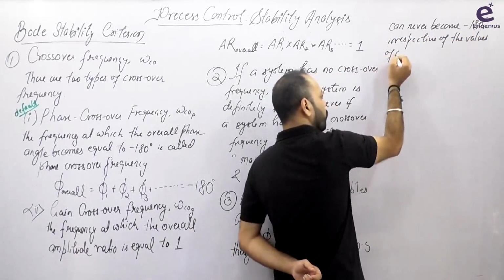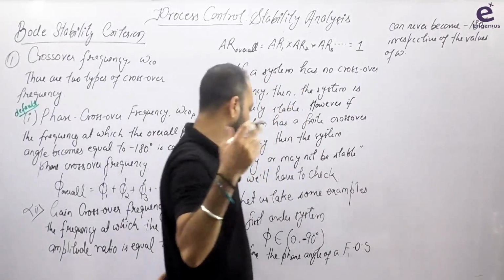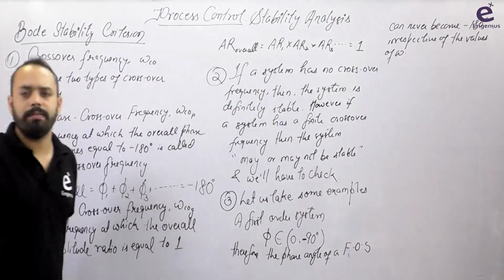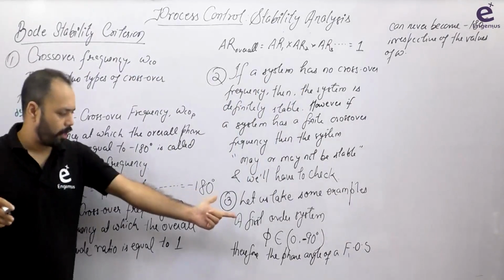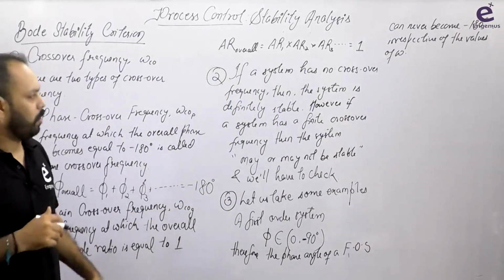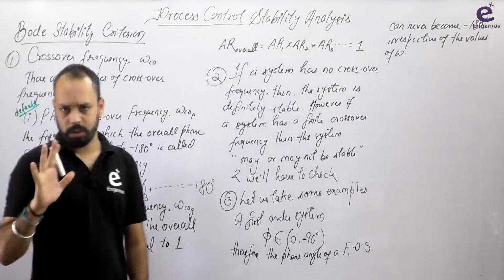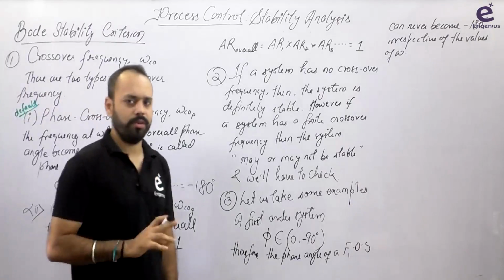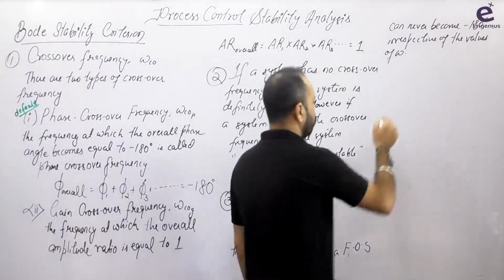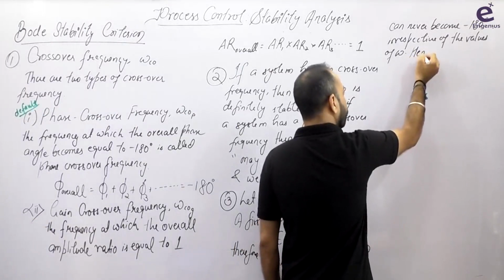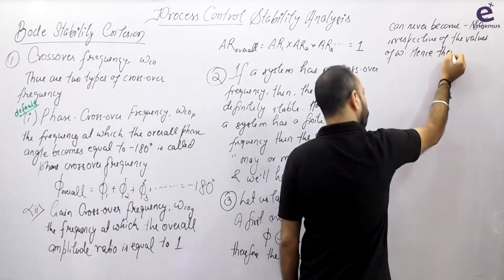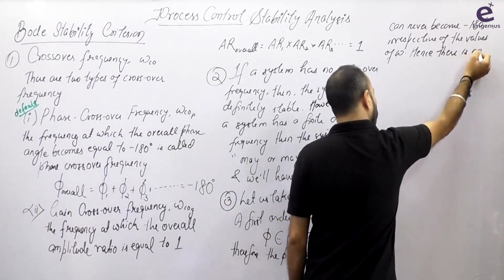है ना? Whatever be the value of omega, आप phi को कभी first order system के लिए -180 बना ही नहीं सकते. You can see yourself because its maximum range is from 0 to -90. Therefore, there is no crossover frequency, and hence a first order system is always stable according to the Bode stability criteria.